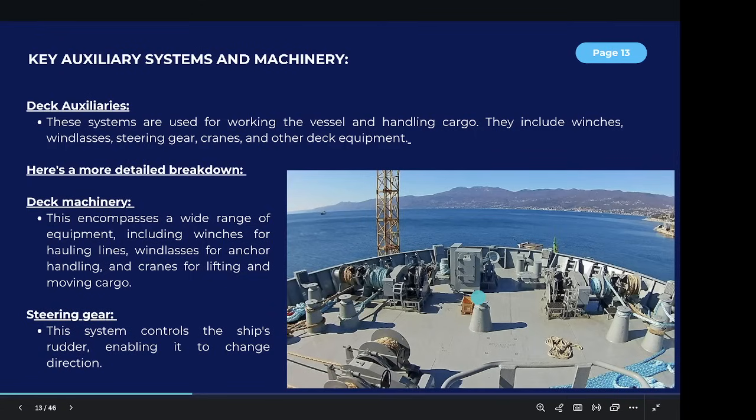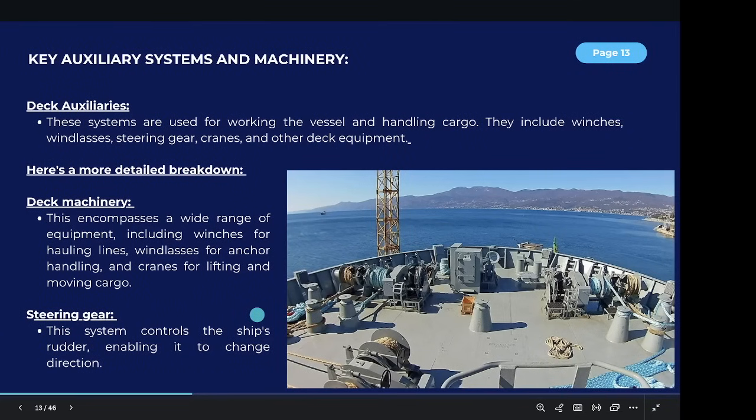Auxiliaries. So here also, the purpose of these deck auxiliaries is, like I said, cargo handling. The maneuvering, like the steering gear, is essential for controlling the ship's direction.